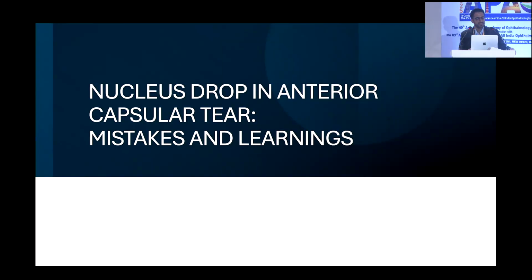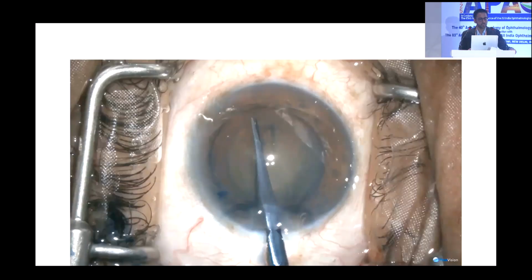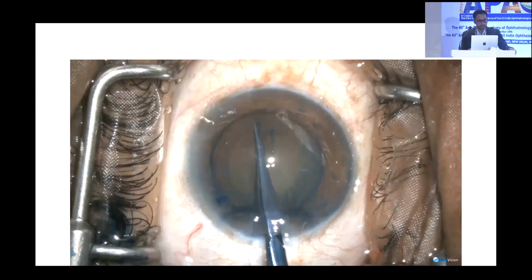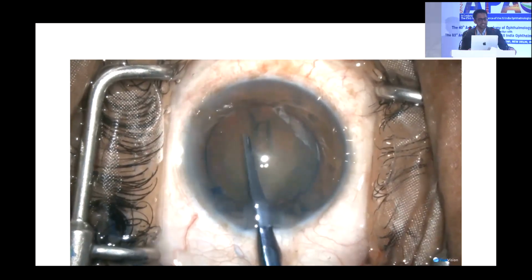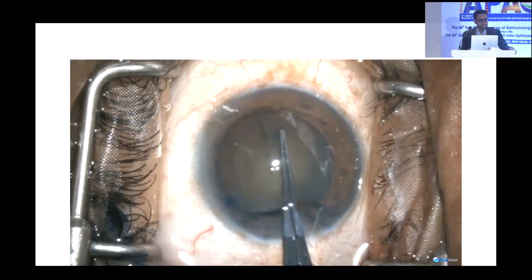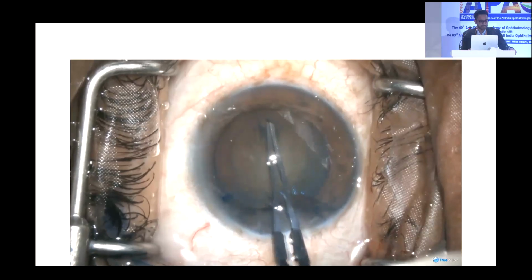Here is another case, which was being done by one of our fellows, where he was trying to enlarge the rhexis and inadvertently ended up with an anterior capsular tear.